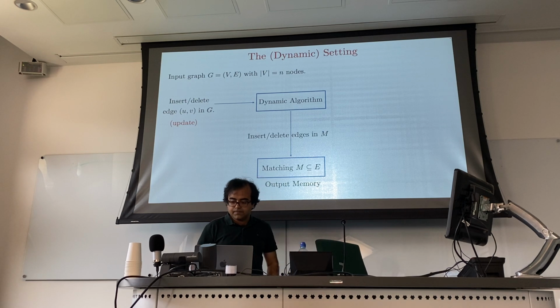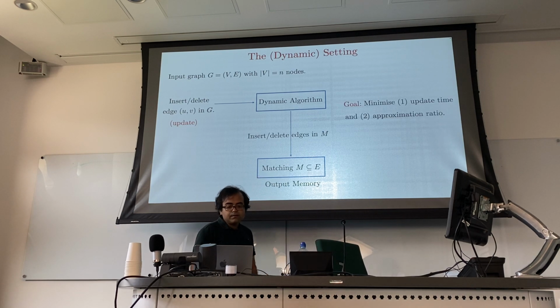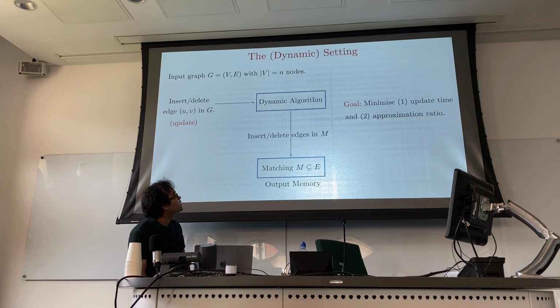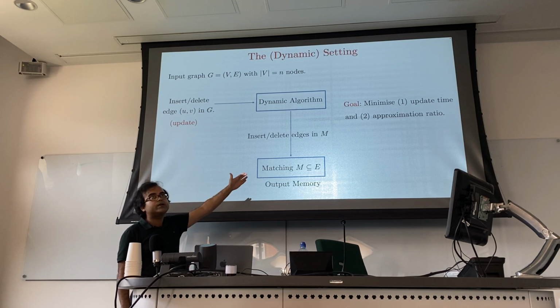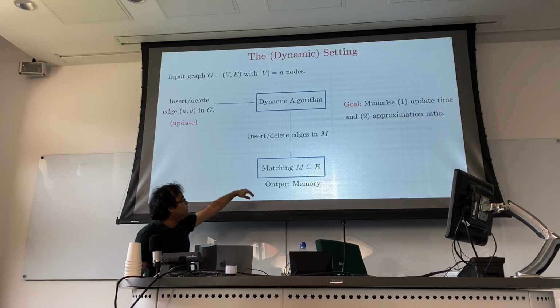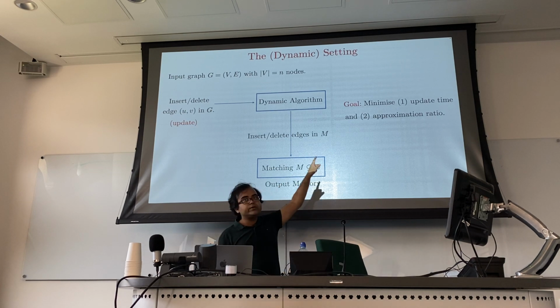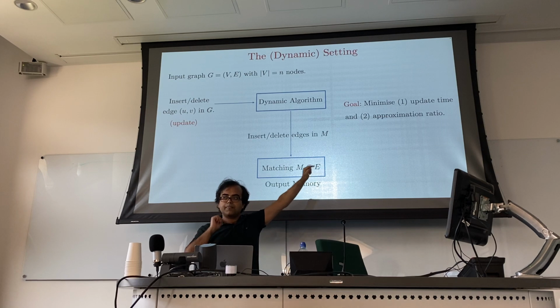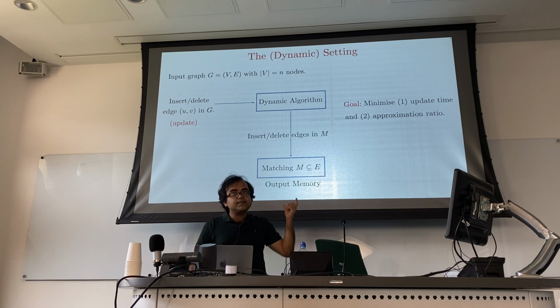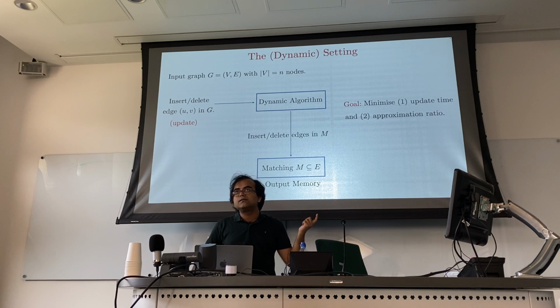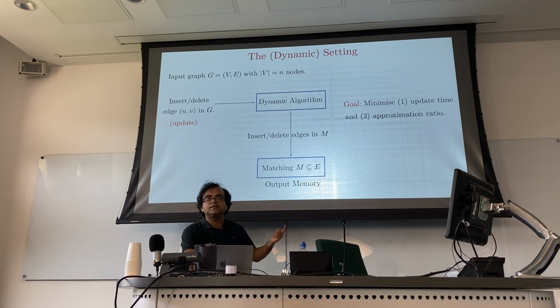That's the goal. So here, we basically simultaneously want to minimize two things. One, we should have a good approximation ratio. So the matching we maintain should be close to optimal all the time. And we should have small update time. And there is a trade-off between these two quantities. So our goal is to just study this trade-off.